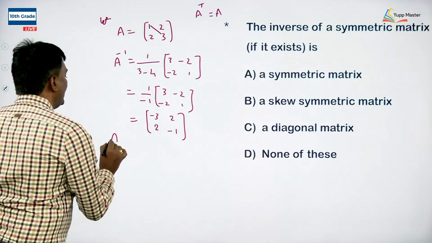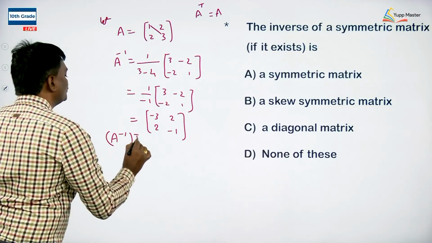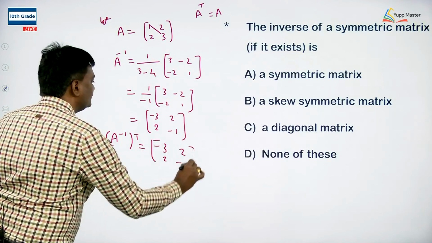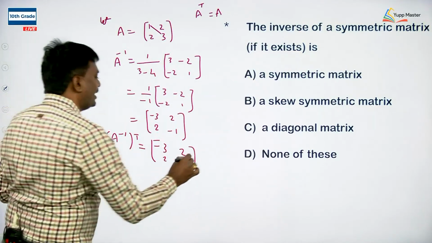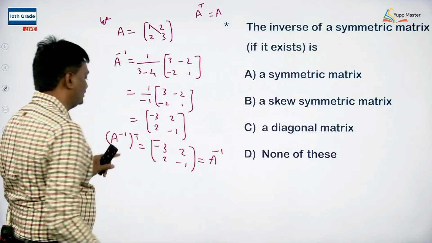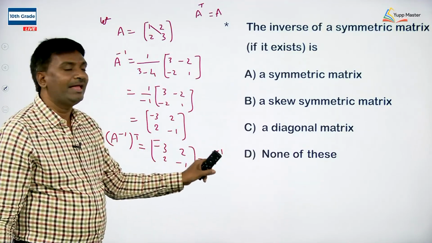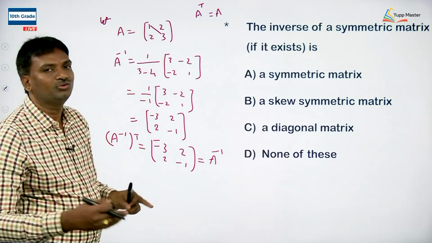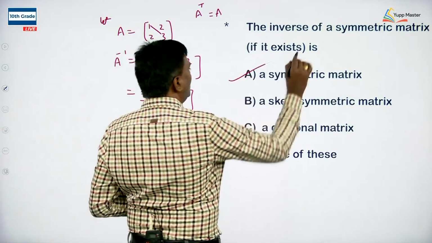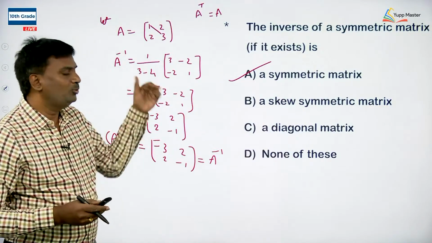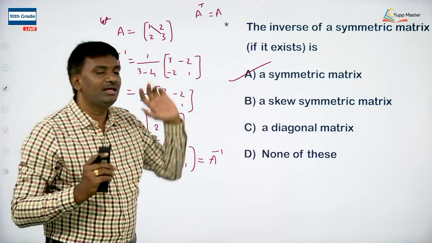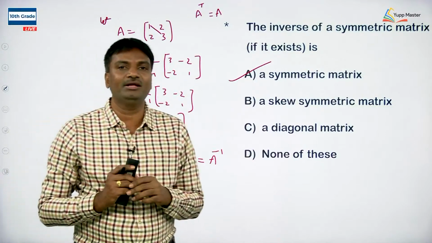Here if we find A inverse whole transpose, that is [minus 3, 2; 2, minus 1], which is nothing but this matrix only, that is A inverse. So A inverse whole transpose equal to A inverse means the inverse of this symmetric matrix is also a symmetric matrix. So that is option A. You may consider a 3 cross 3 matrix also, but the condition is that the matrix must be symmetric.